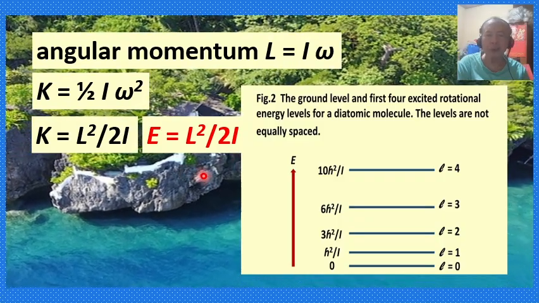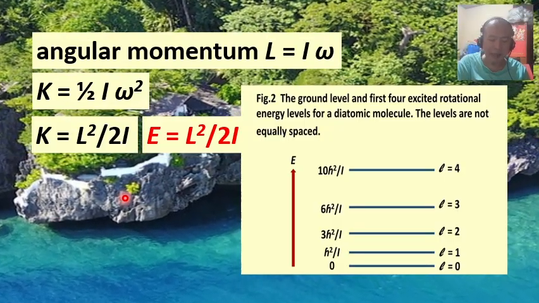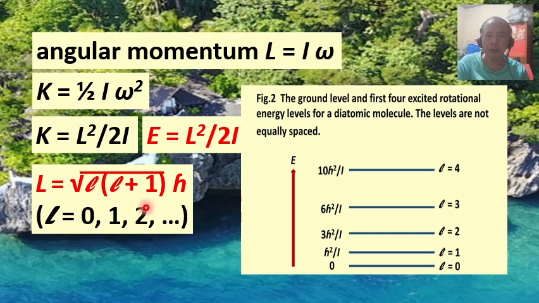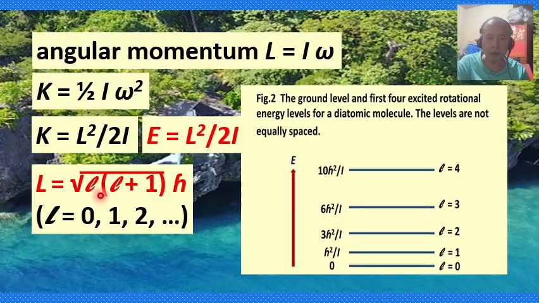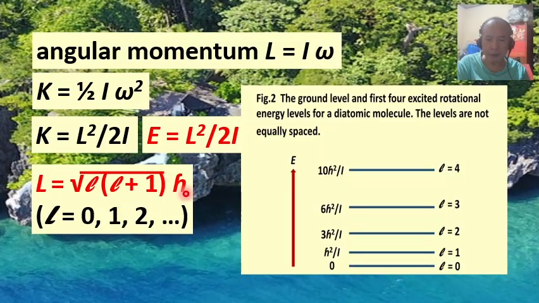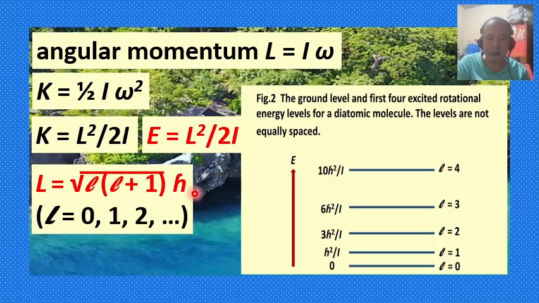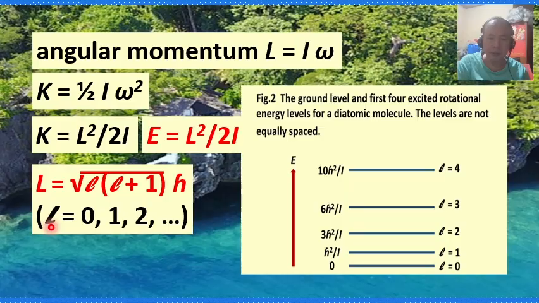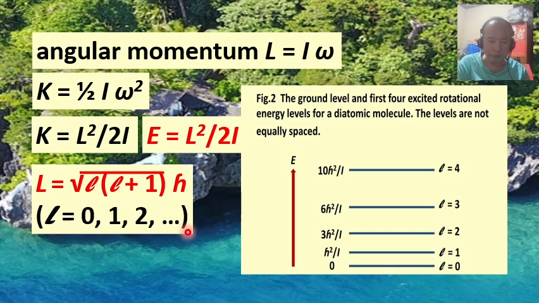Since angular momentum is considered to be quantized, we can express the angular momentum as capital L equals the square root of the angular quantum number small l times quantity small l plus 1, multiplied by a constant, Planck's constant divided by 2 pi, where the angular quantum number small l can be 0, 1, 2, and so on.